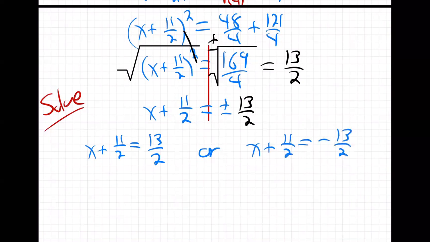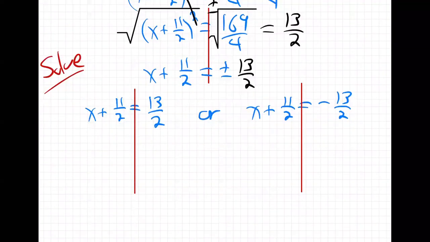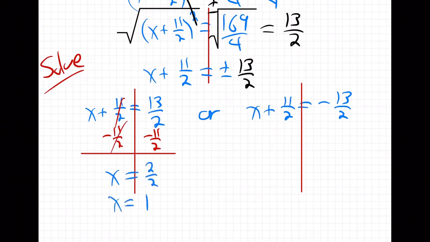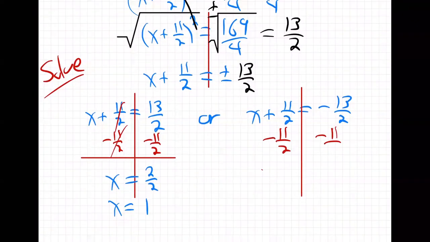2 separate equations. Going to get x alone in both cases, so subtract 11 halves right here. So x equals, what's that going to be? 13 halves minus 11 halves is 2 halves, better known as 1. On the other side, subtract 11 halves as well.